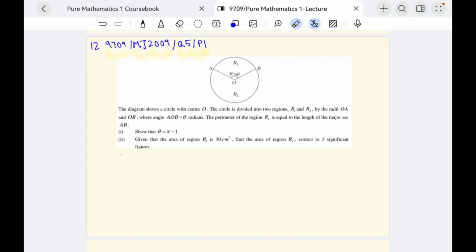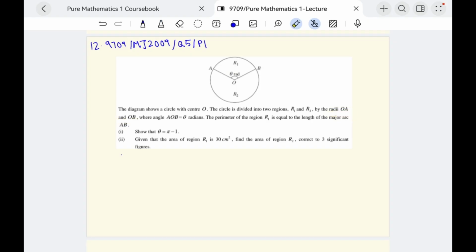Okay, so referring to the diagram, it shows that there is a circle with center O, and the circle is separated into two regions, R1 and R2, restricted by the arc of each respective sector and the radius. So don't misunderstand the radii OA and OB.